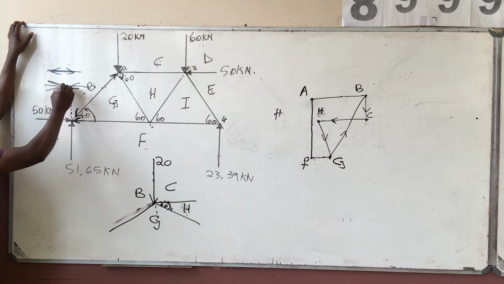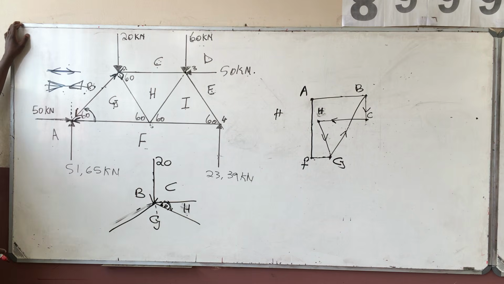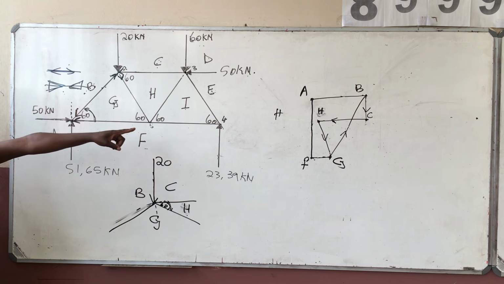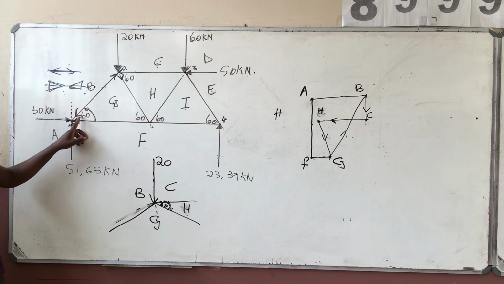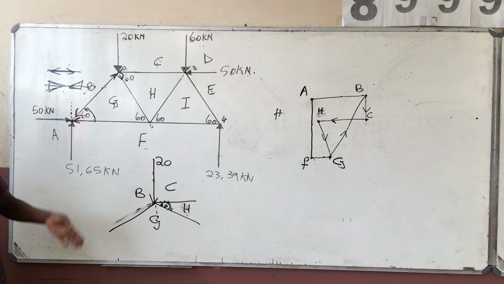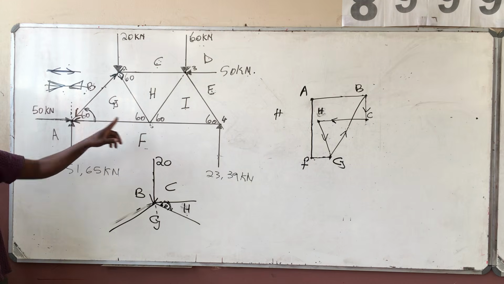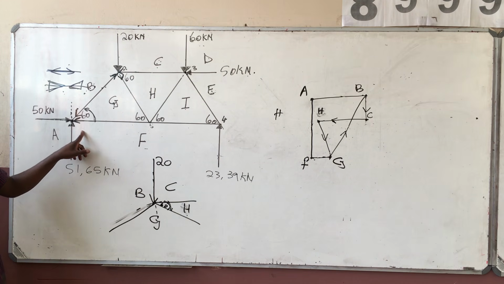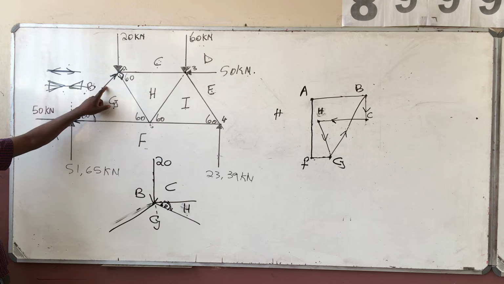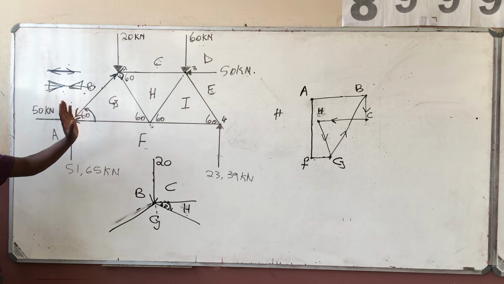Yes. This one is a tie. So can you see if we do not transfer these arrows initially, we wouldn't know the nature. So it's very important that as you draw, you also transfer the arrow. But to tell the nature, we will tell the nature after we get the magnitude.